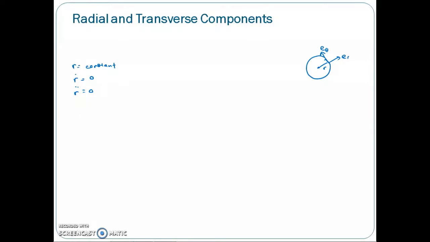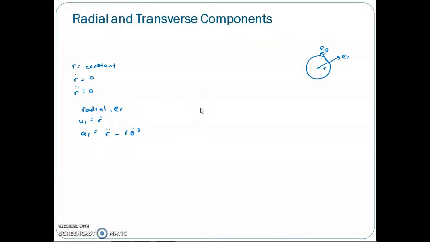Recap what we have learned in the radial components of e_r. We have our velocity in this direction, v_r equals R dot, whereas our acceleration in this direction, a_r, equals R double dot minus R theta dot squared.